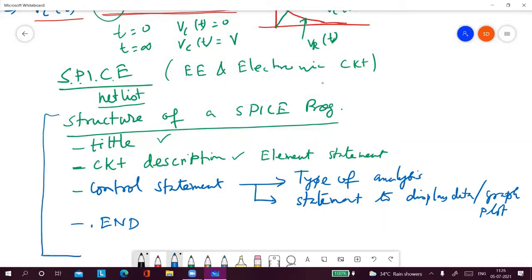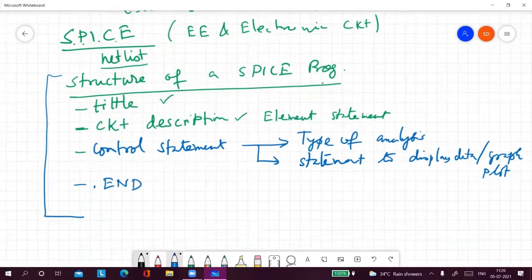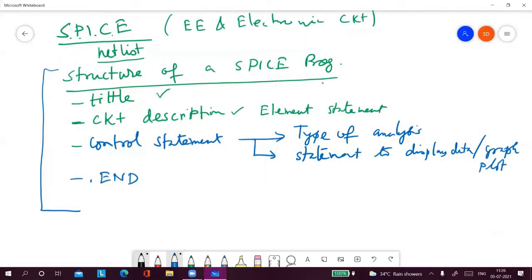Is it clear? Title line, then circuit description, then control statements, which are of two types. First, the type of analysis you want to perform. For example, if you want to perform Norton or Thevenin analysis, it is called the dot TF statement. Transient analysis is called dot tran. For frequency analysis like a filter, we use the dot AC statement.